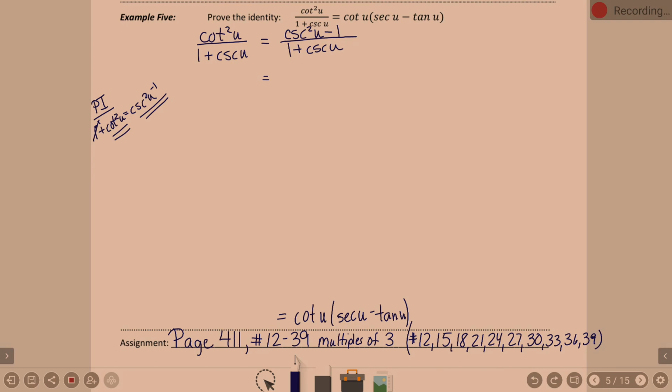Can you get rid of the denominator? You cannot. Okay, and I don't know which ones we've clarified and not, but a common mistake here is to say, okay, I'm going to cancel a cosecant with a cosecant, and I'm going to divide the ones, but it doesn't work that way. Because in order to cancel, we have to cancel a factor with a factor.